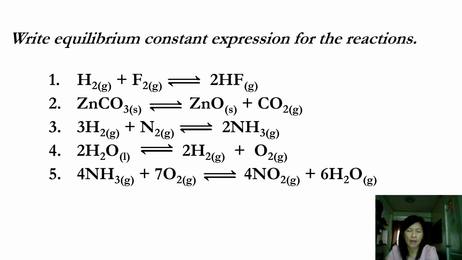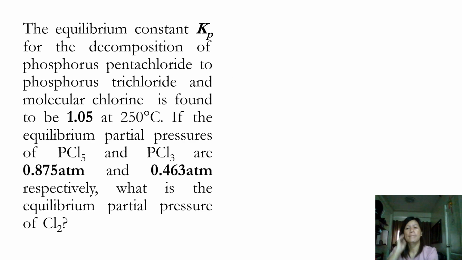Number 2, we have two products: the concentration of the product zinc oxide times the concentration of the other product, carbon dioxide, divided by the concentration of the reactant zinc carbonate. So you practice the rest of the items later after watching this presentation.